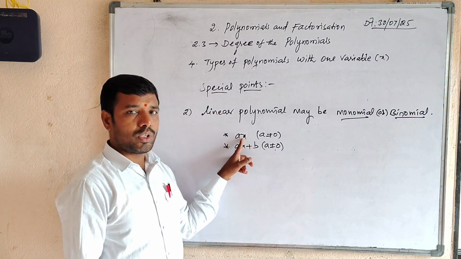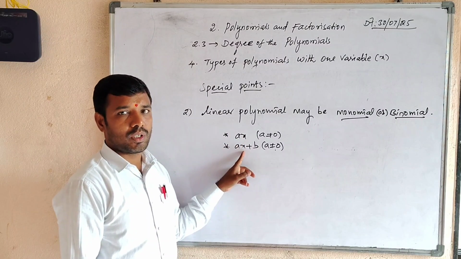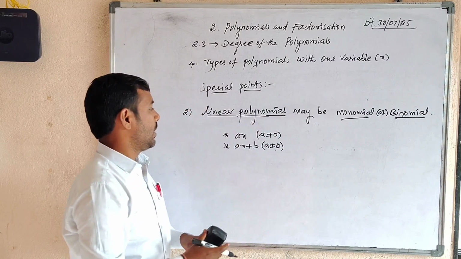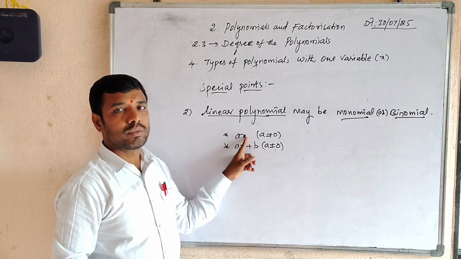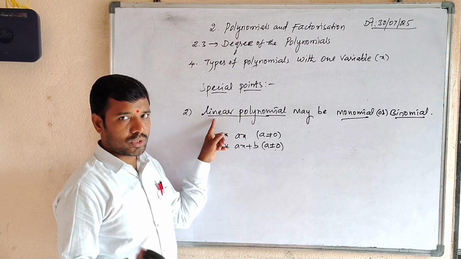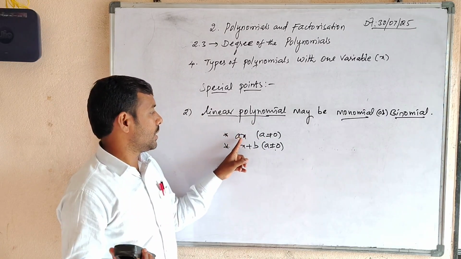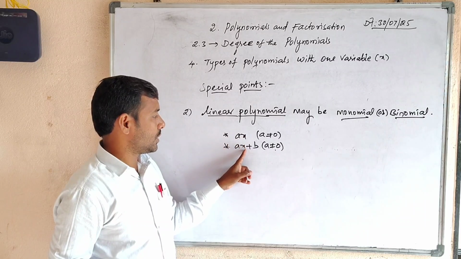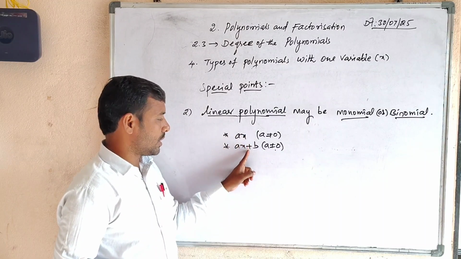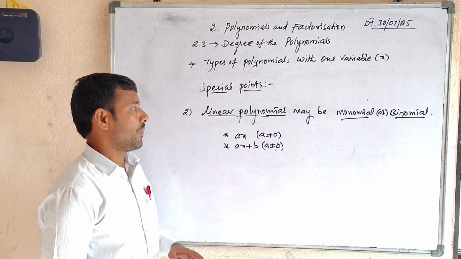This is a linear polynomial, and this is also one of the linear polynomials. How to decide these are linear polynomials? Simple: it is degree 1. Polynomials of degree 1 are called linear polynomials, as just discussed. This is also a linear polynomial, because it is degree 1.